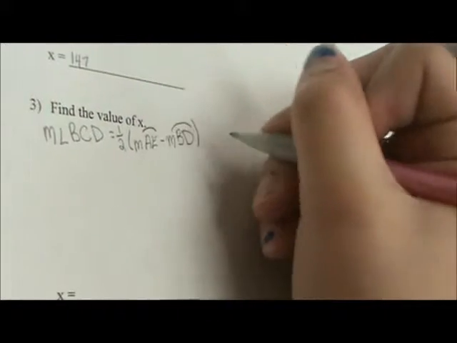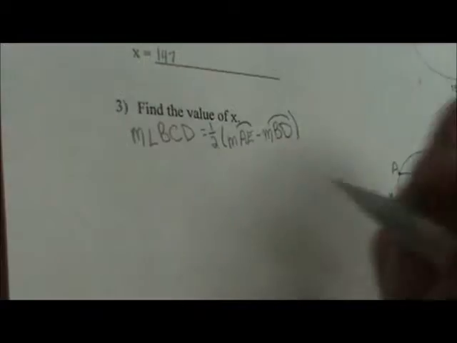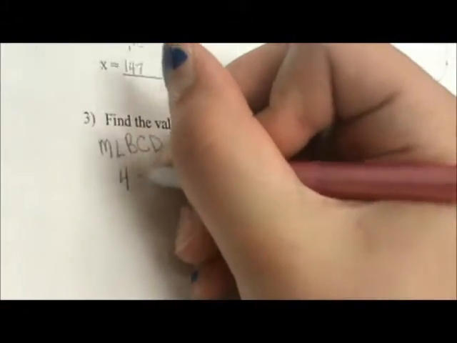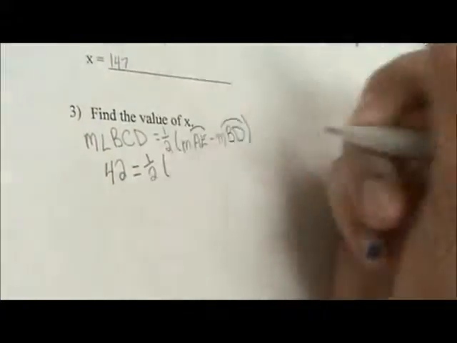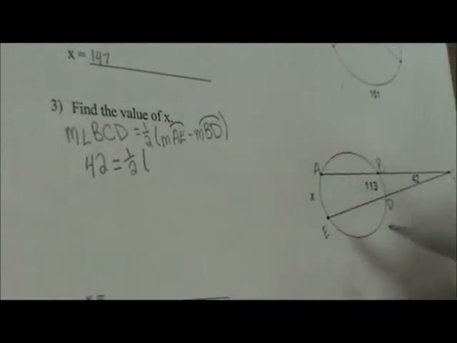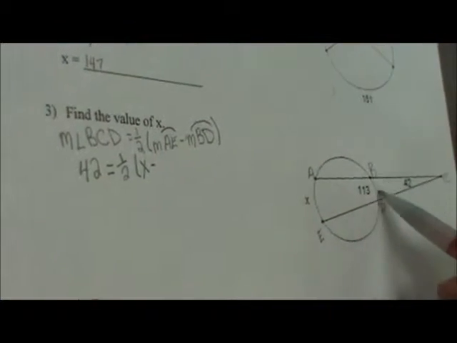Then, like the last one, we need to plug in all of the numbers. So you will get 42 is equal to half of x minus 113.